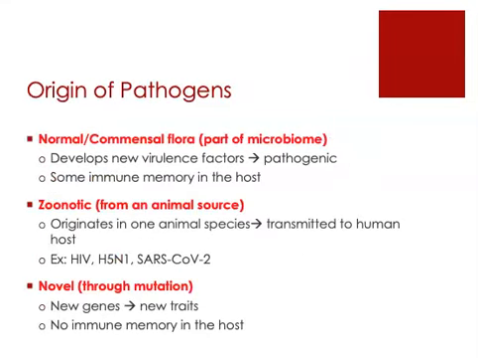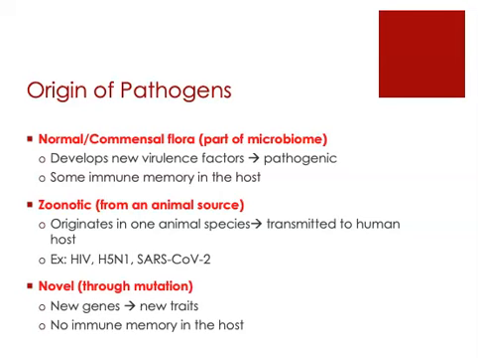So it's interesting to ask the question about the source of all of these infectious pathogens that human beings and other organisms deal with. Where do pathogens come from, in other words?